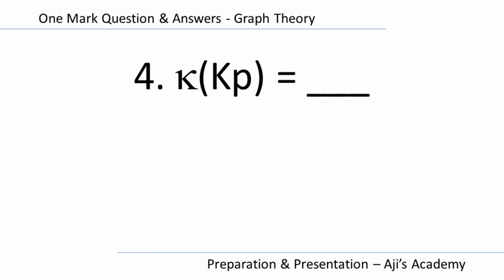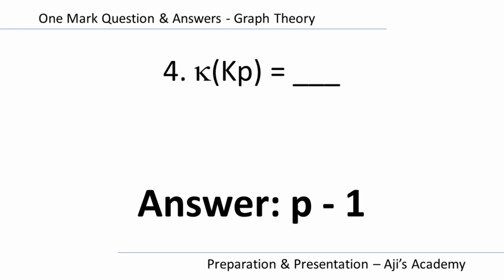But when we remove p minus 1 vertices from Kp, the resultant graph will be trivial. That means only one vertex. Thus kappa of Kp is p minus 1. Answer is p minus 1.